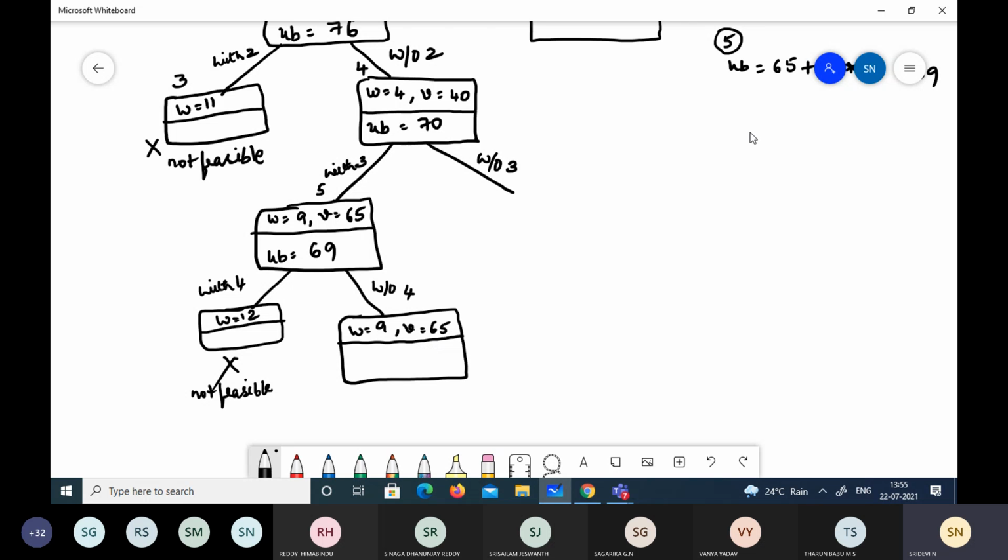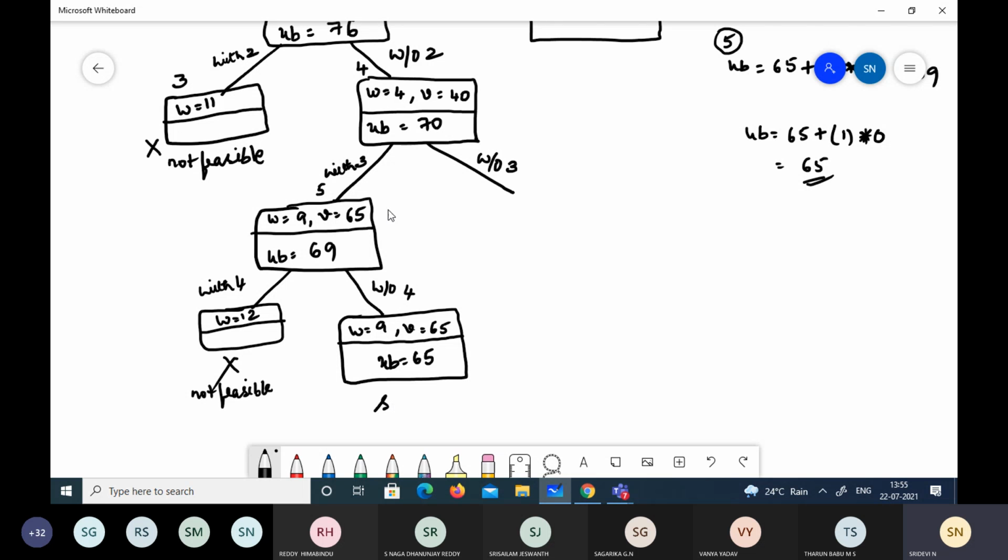You don't have any item, so you will have 65 plus 1 into 0, because you don't have any item next to consider the payoff. So it will be just 65. So your upper bound will be 65. Okay, so this forms the solution.